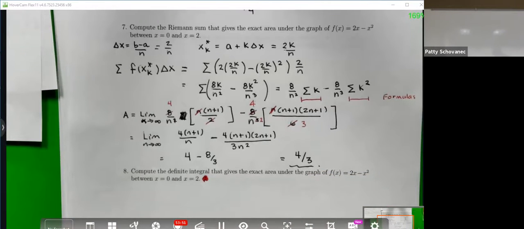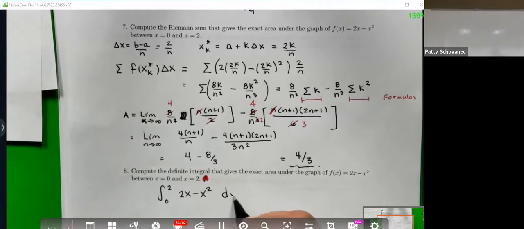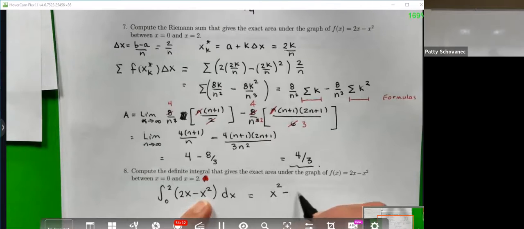And it's always very satisfying to compute the definite integral. We're going to write area as the integral from 0 to 2 of 2x minus x squared with respect to x. Okay, so the antiderivative of 2x is x squared minus x to the 3rd over 3 from 0 to 2.